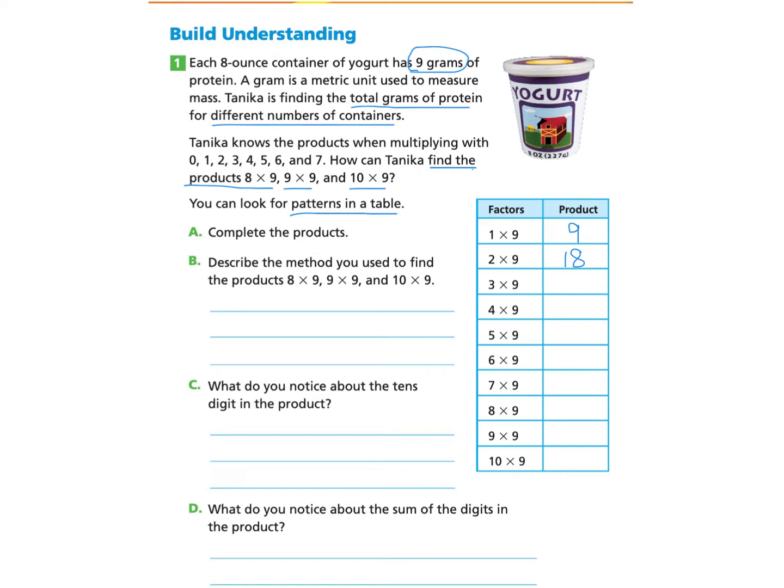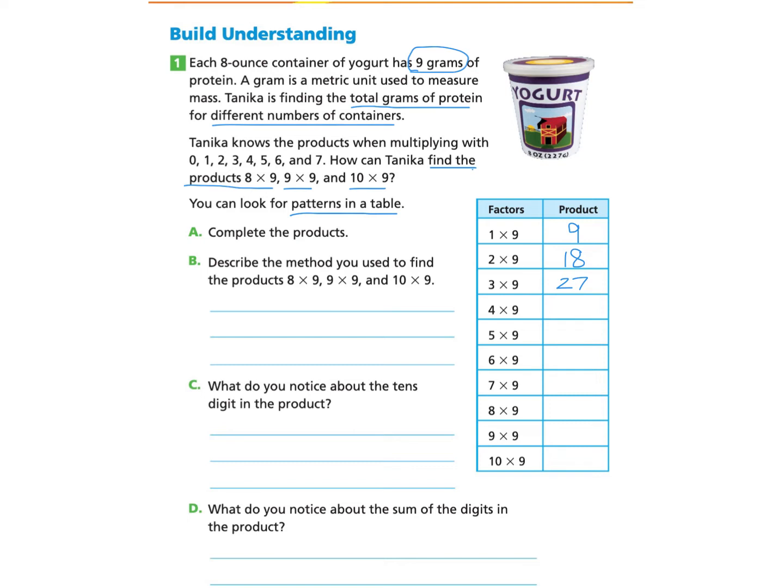The next factors are 3 times 9, and that would be 3 9s. So if I didn't know what to do, I could always take the last product that I had here and add 9 to it. There's a couple different strategies, but I know that 3 times 9 is 27. Our next factors, 4 times 9.